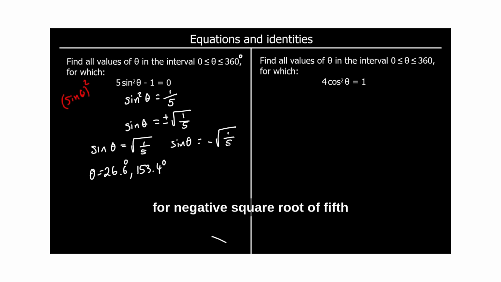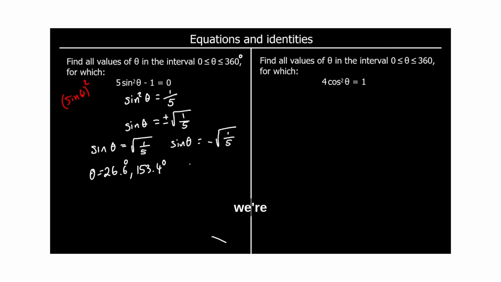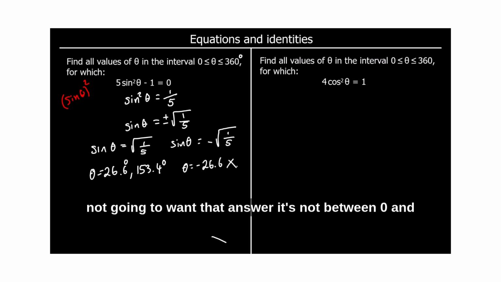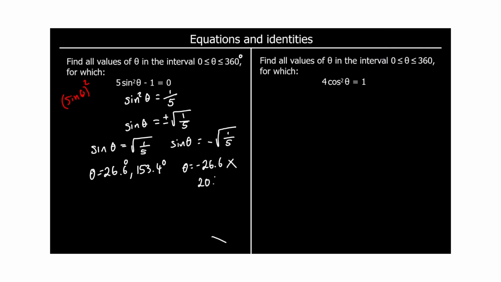For negative square root of a fifth, shift sine negative square root of 1/5, we get negative 26.6. We're not going to want that answer. It's not between 0 and 360. But let's do 180 minus the first answer to get the second answer, which is 206.6. We do want that one.